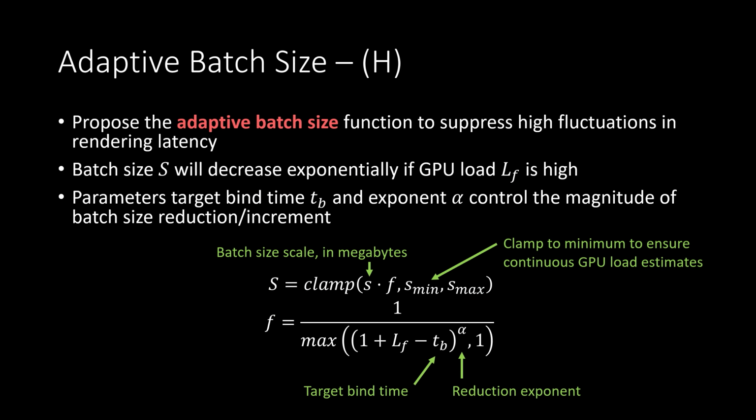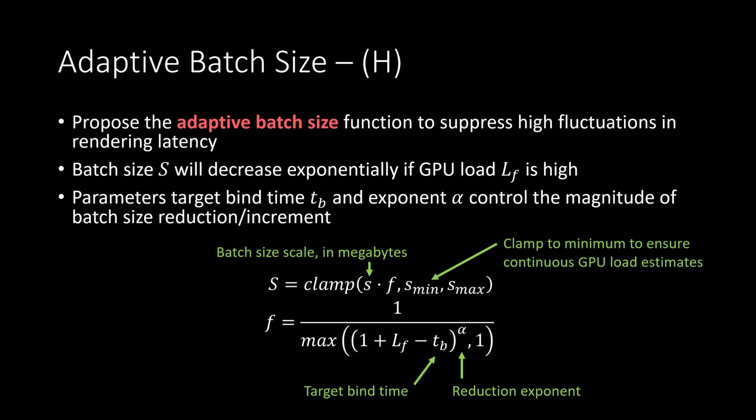We also propose the adaptive batch size function to suppress high fluctuations in rendering latency during texture streaming. The output of the function, batch size S, will decrease exponentially if the GPU load LF is high. The parameters target bind time TB and exponent alpha control the magnitude of batch size reduction and increment.